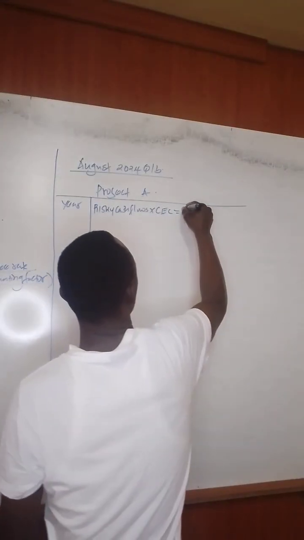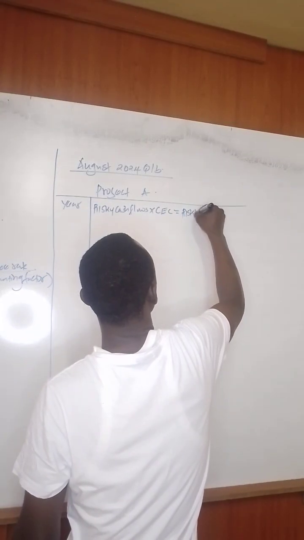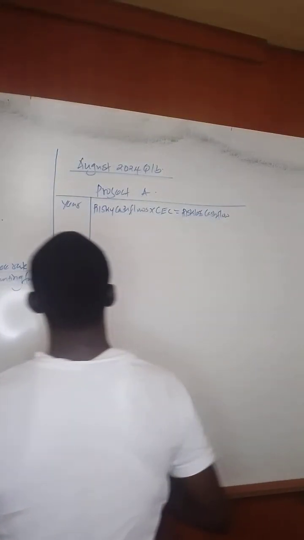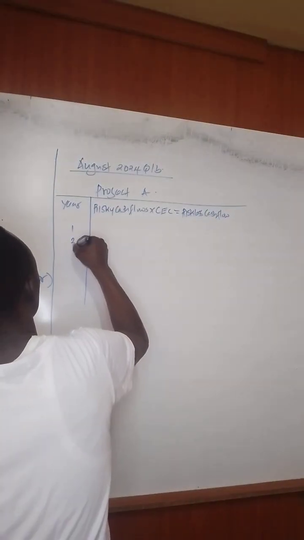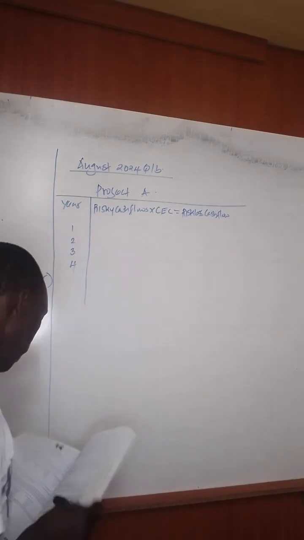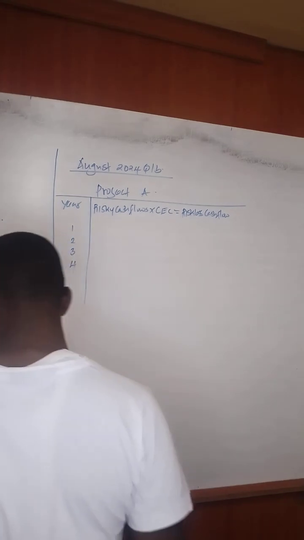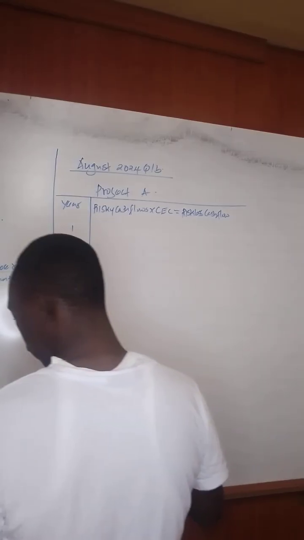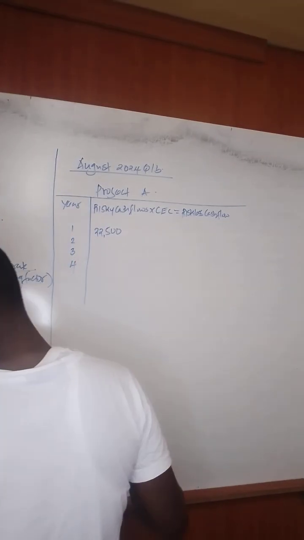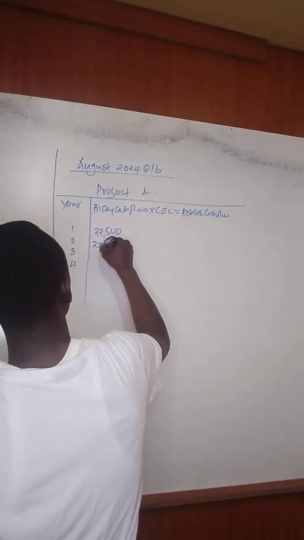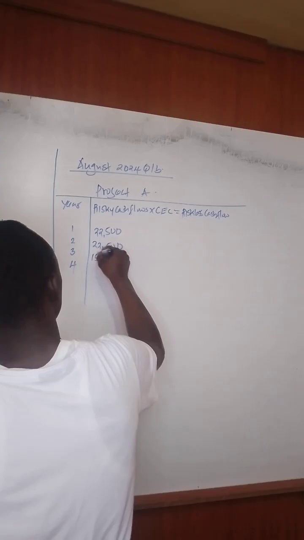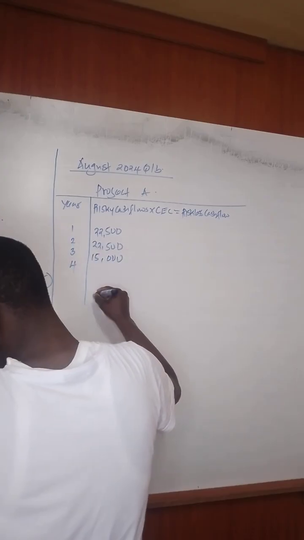We are provided with years 1, 2, 3, and 4. The risky cash flows are 22,500 for year 1, 22,500 for year 2, 15,000 for year 3, and 15,000 for year 4.